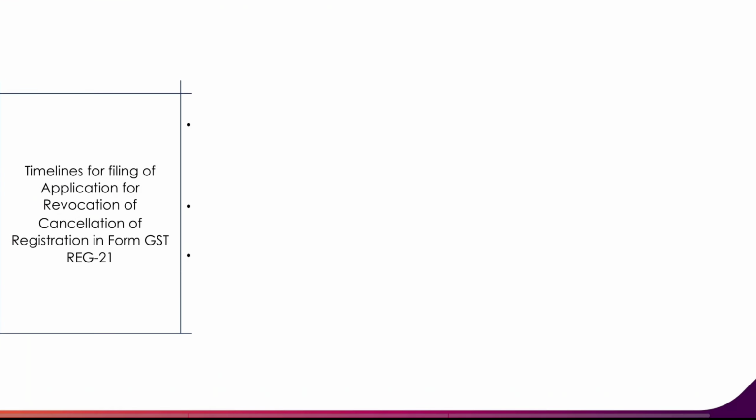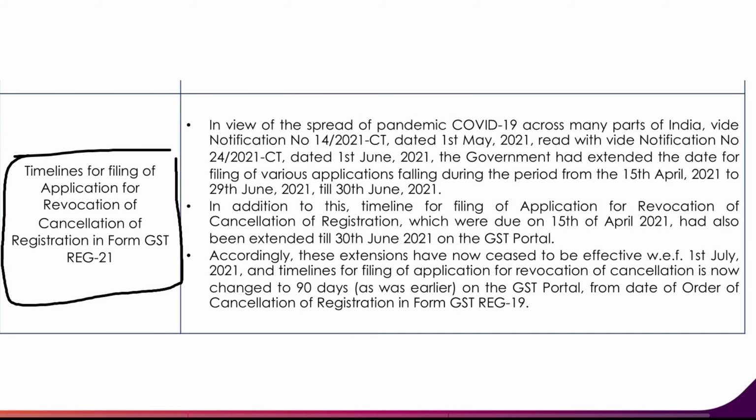And number 3, timelines for filing applications for revocation of cancellation of registration in form REG-21. This is most important. In view of the COVID pandemic, applications filed during the period from 15th April 2021 to 29th June 2021 were extended till 30th June 2021.